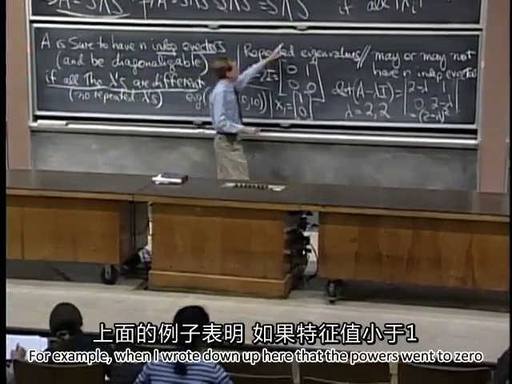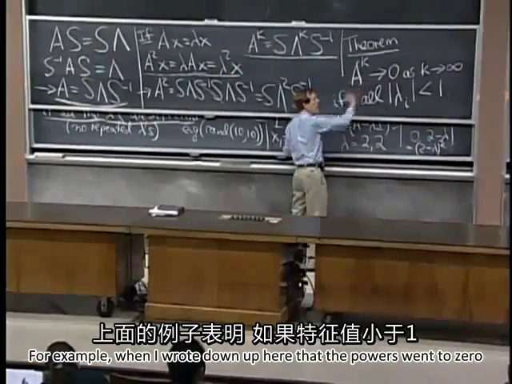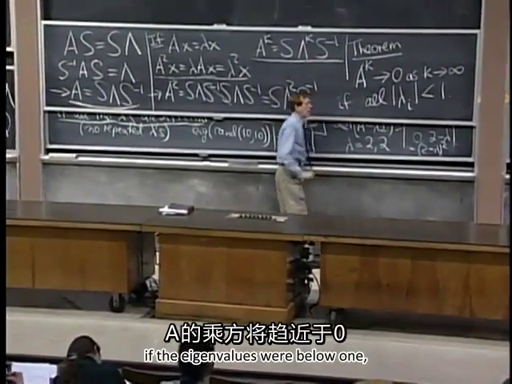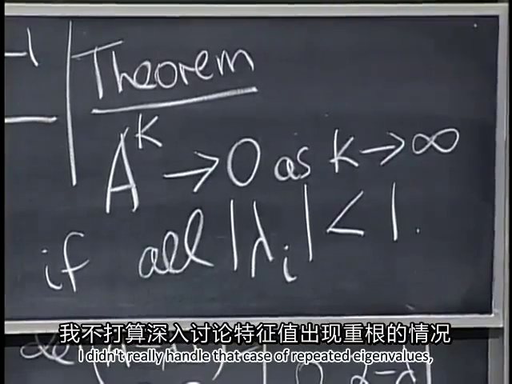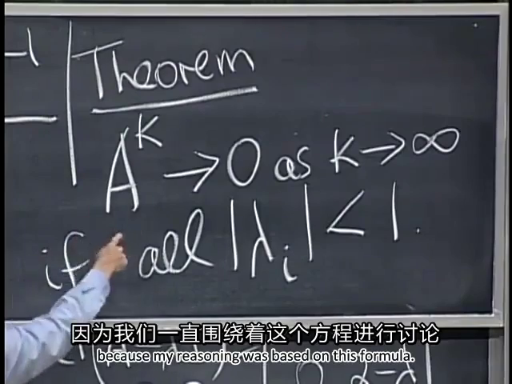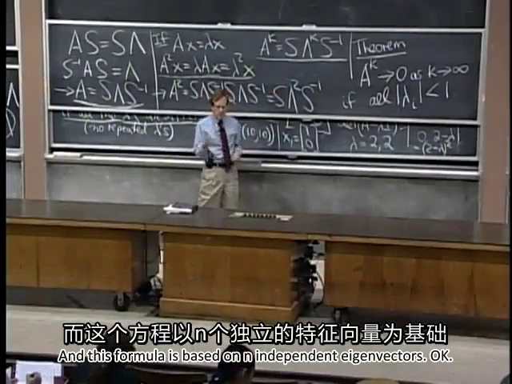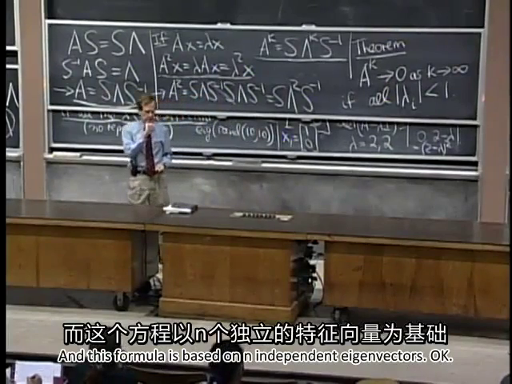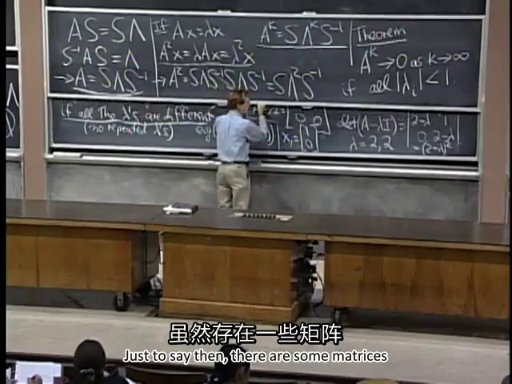For example, when I wrote down up here that the powers went to 0 if the eigenvalues were below 1, I didn't really handle that case of repeated eigenvalues because my reasoning was based on this formula. And this formula is based on n independent eigenvectors. Okay, so just to say that.